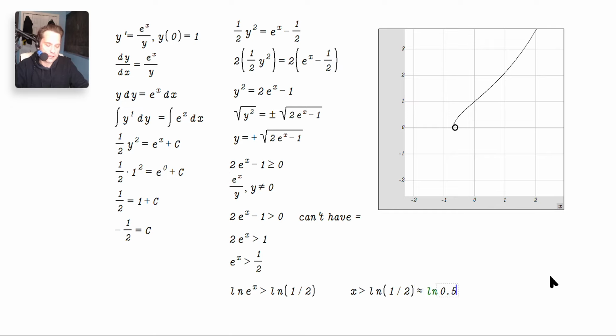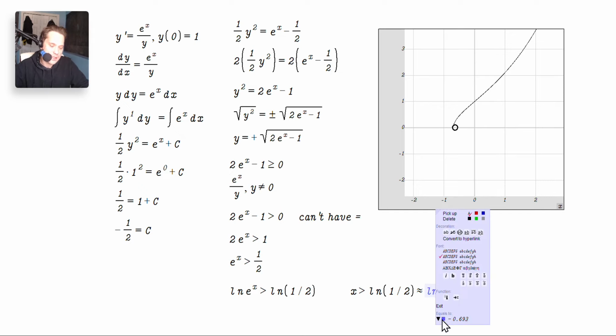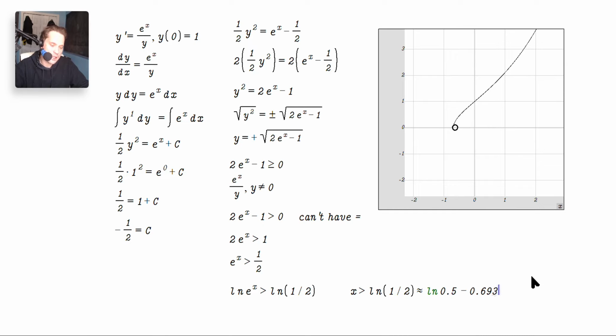Let me estimate it: you punch this in, and ln of 1/2 is about negative 0.693. That value of x is about right here.